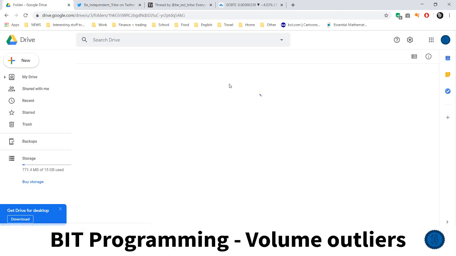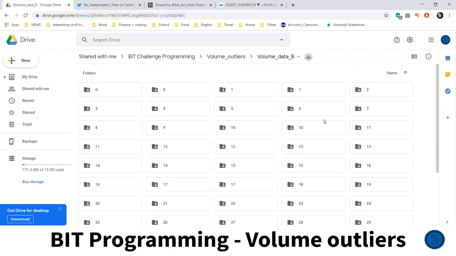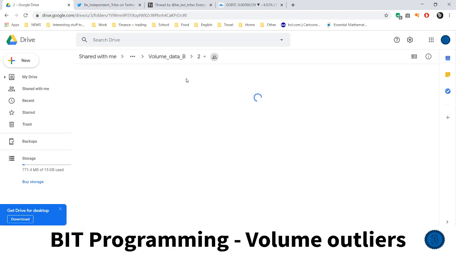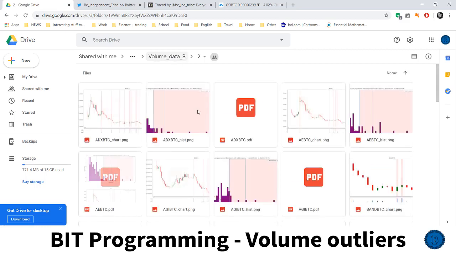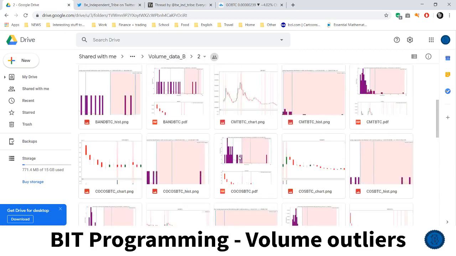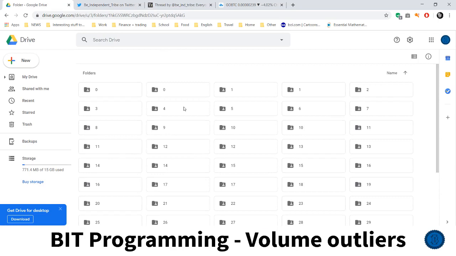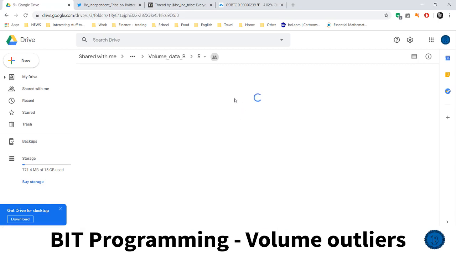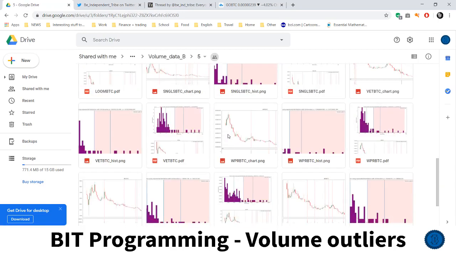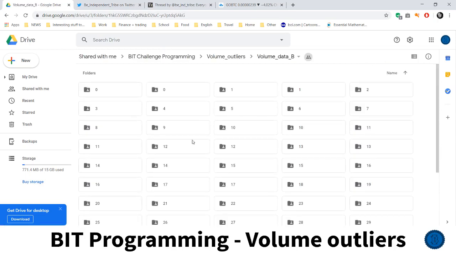That doesn't have a lot of cases. Two has a lot, of course, and then you get progressively fewer cases. Five is still quite a lot.